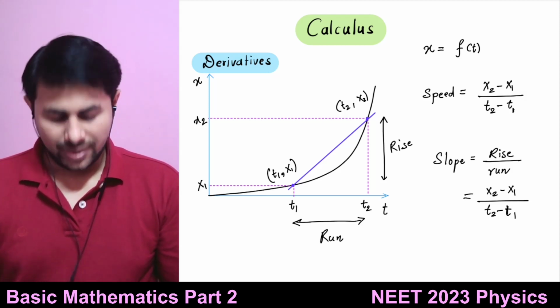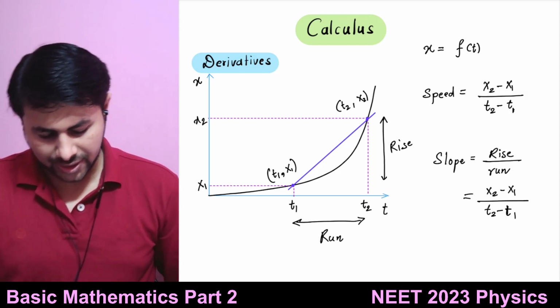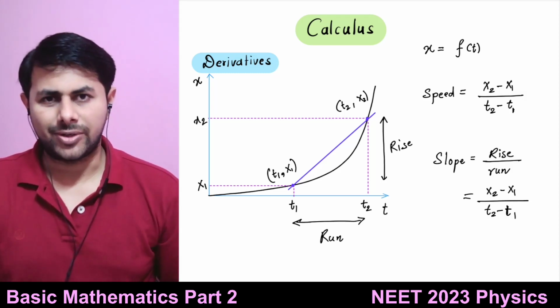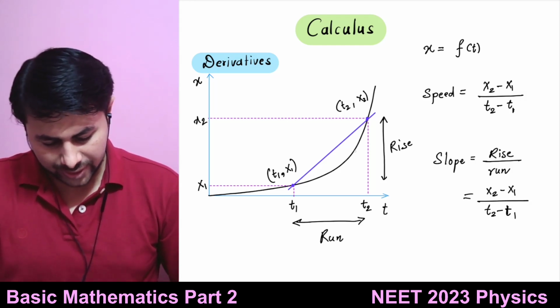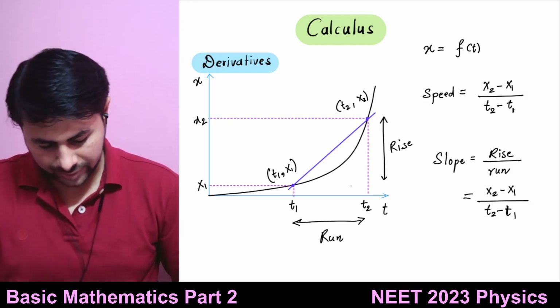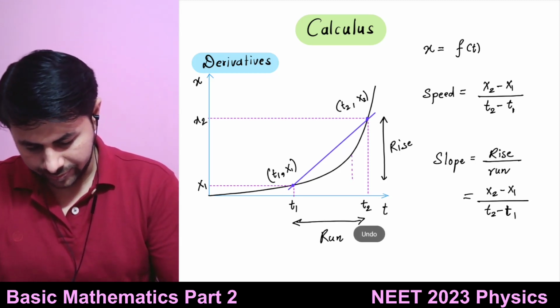Okay, after that, now what I will do is I will take t2 closer to t1. So see, what I am doing is I am taking t2 closer to t1. So let's say this is my t2 now.